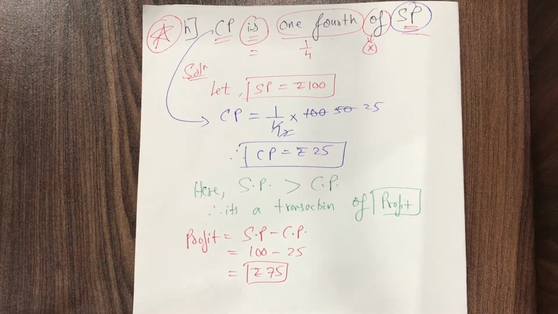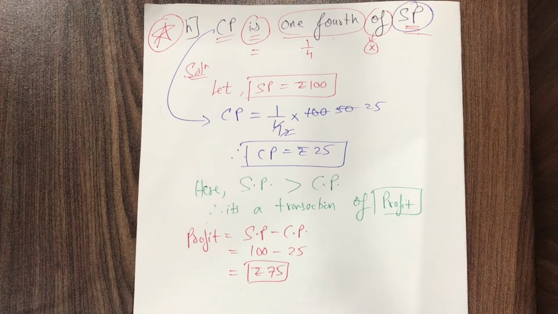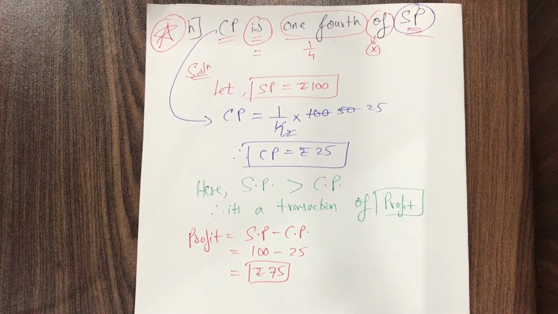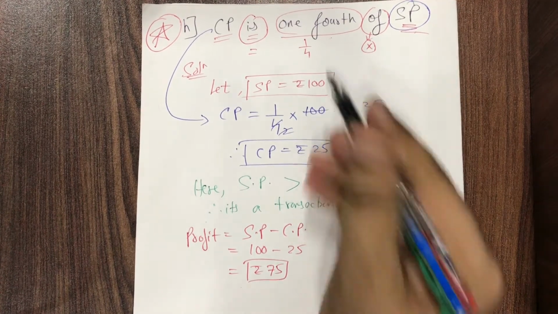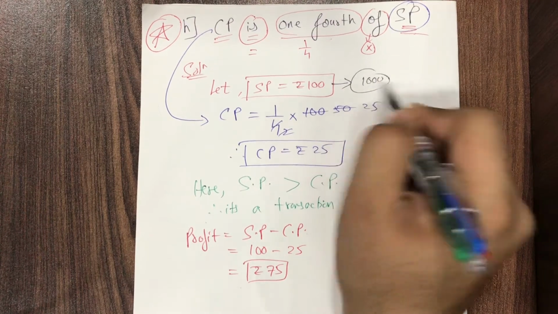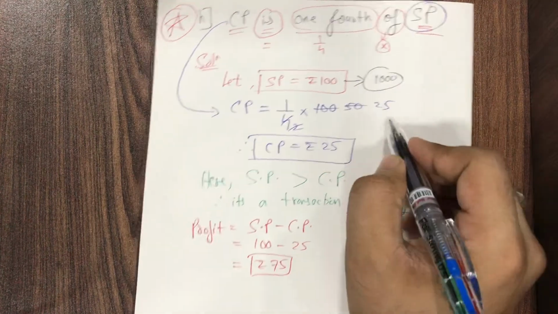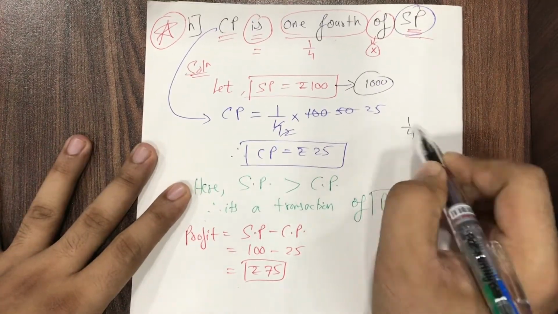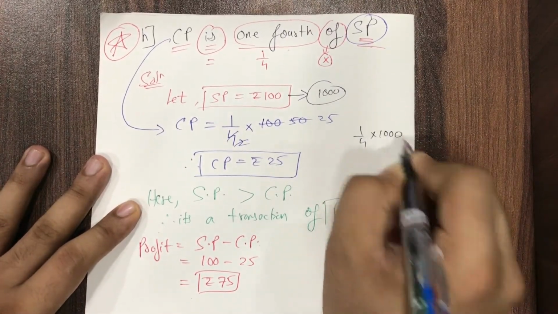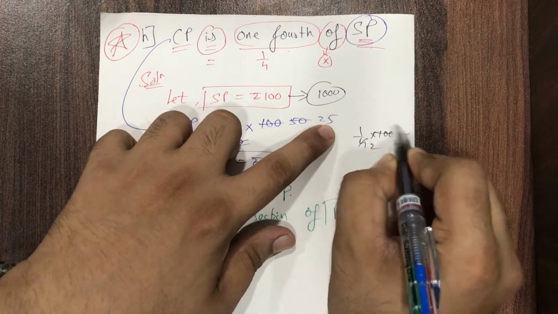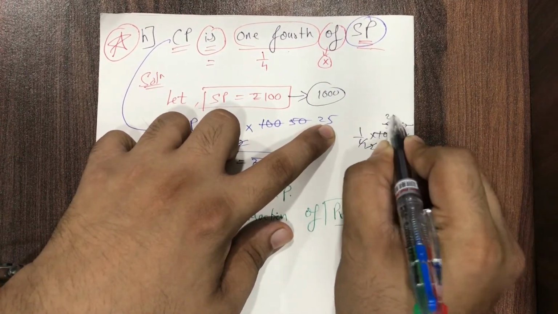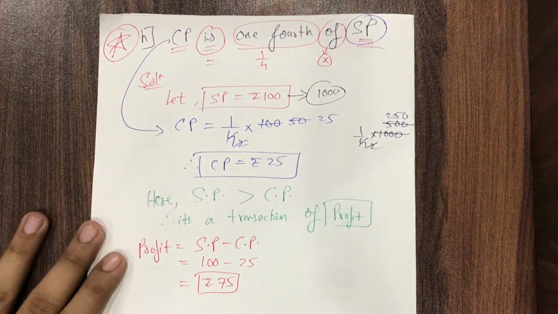Okay, of course every student will get a different answer over here. Is it so, students? I'm asking you, is it so? For example, if any student took here instead of 100 as rupees 1000, let's assume. So what will be the cost price? Cost price will be 1/4 of the selling price. So 1/4 will be multiplied with 1000. Two 2s are 500, two 1s are 250.